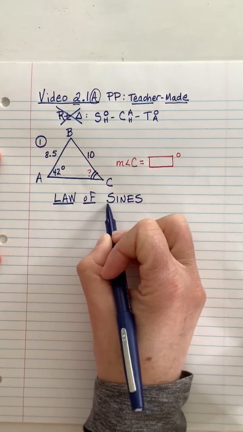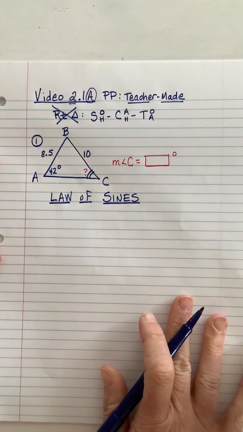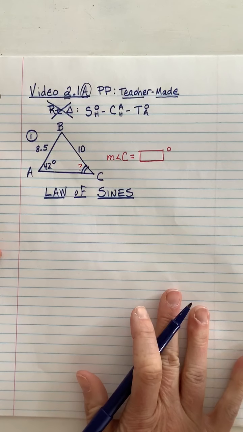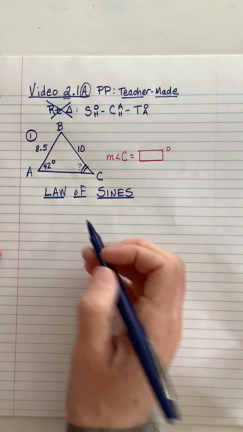What the law of sines says is, if you don't have a right triangle, no big deal. Mathematicians have proven that this relationship works no matter what.